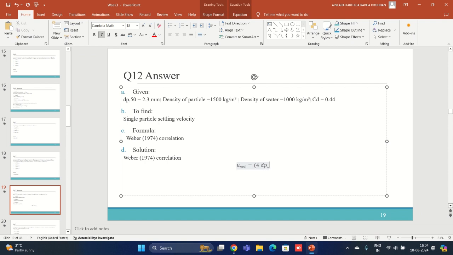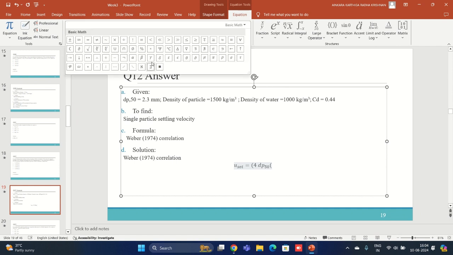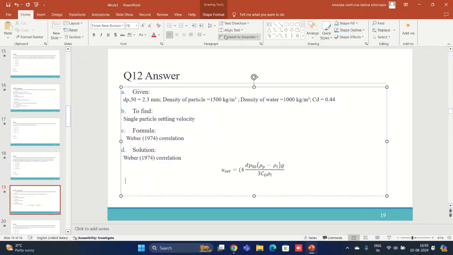Four into dP50 into rho P minus rho L into g, divided by 3 CD rho L. So now we need to substitute things in this particular formula.